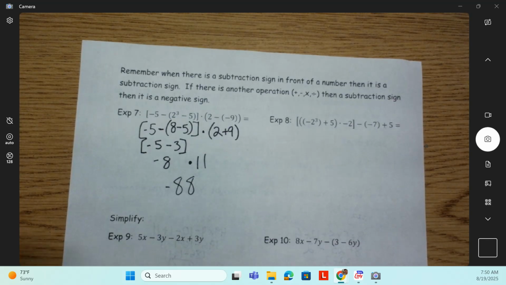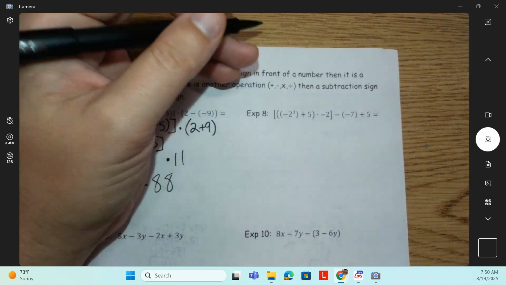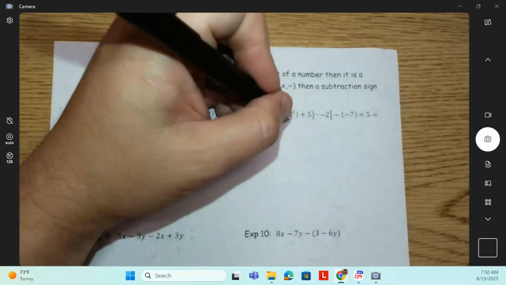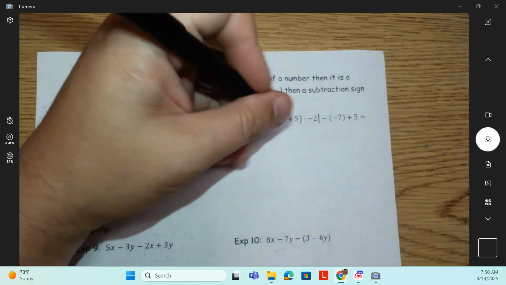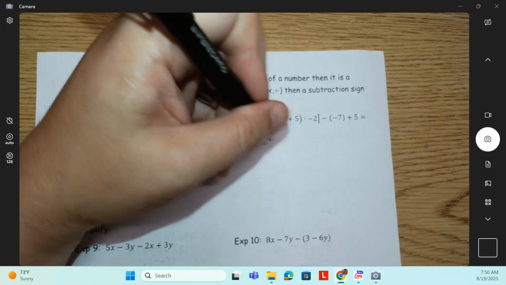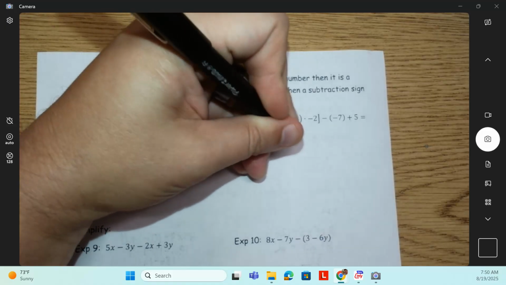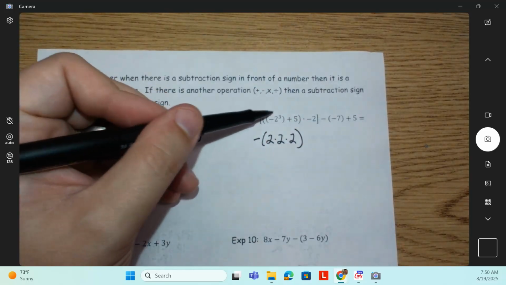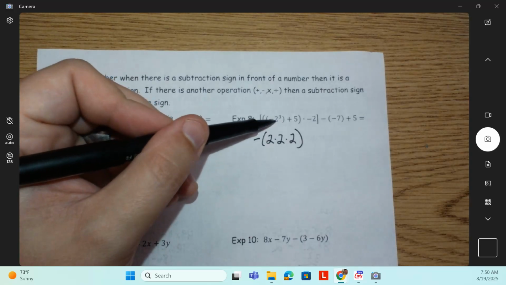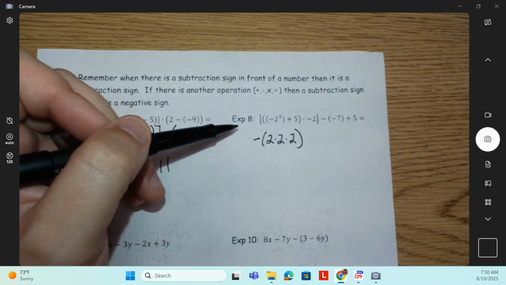And so this next example on 8 goes through kind of the same thing. I do want to make sure we recognize if I'm doing negative 2 to the third power like this, the way that this is written is negative 2 times 2 times 2. And so the way this is shown here, I'm doing 2 to the third power, and whatever my answer is going to be negative.